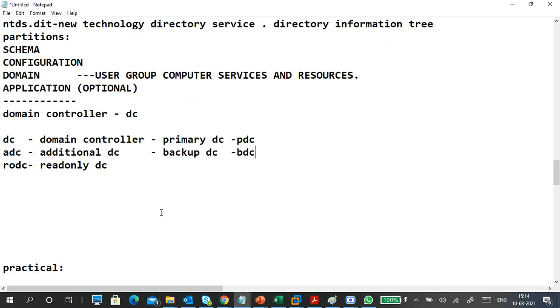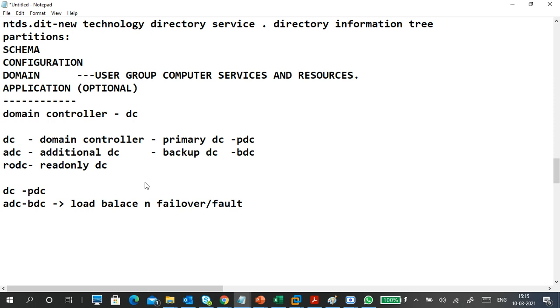BDC. So here different purposes are there. The domain controller is the primary domain controller, the PDC, but ADC or BDC is for load balancing and failover or fault tolerance.